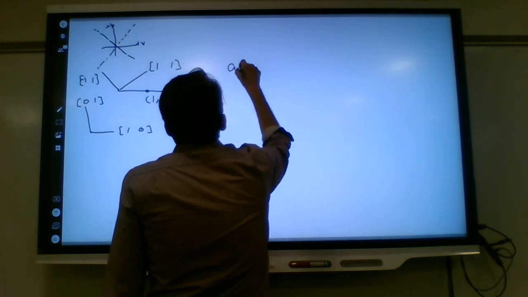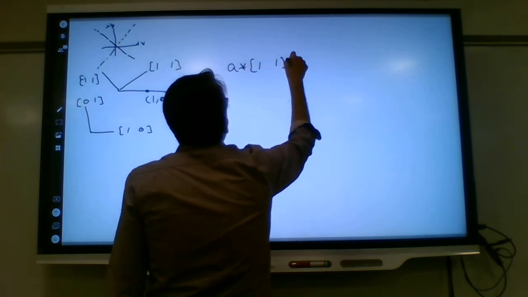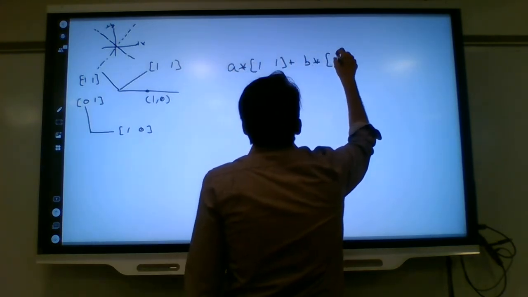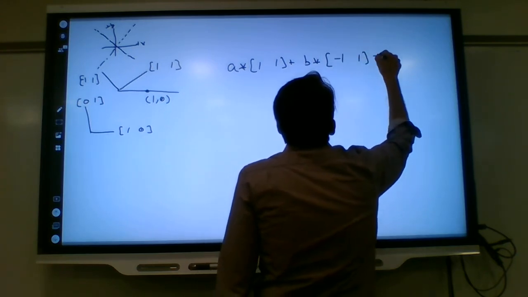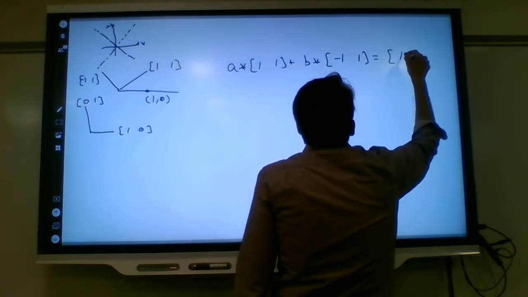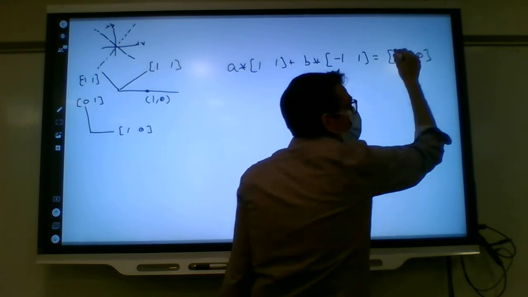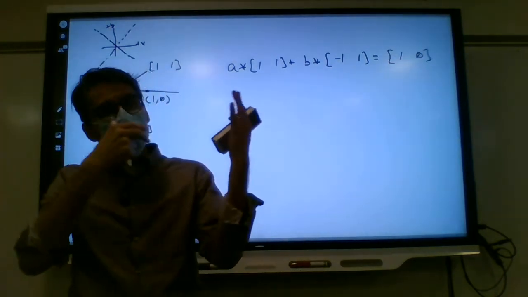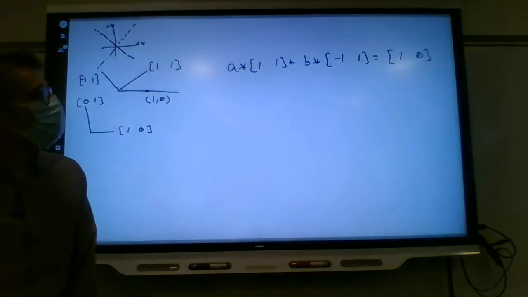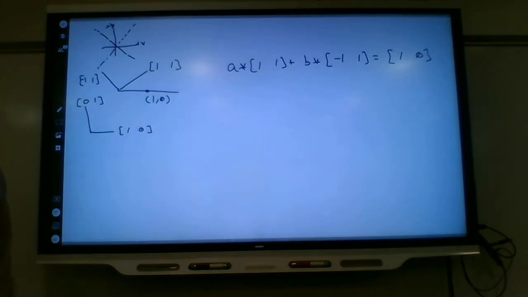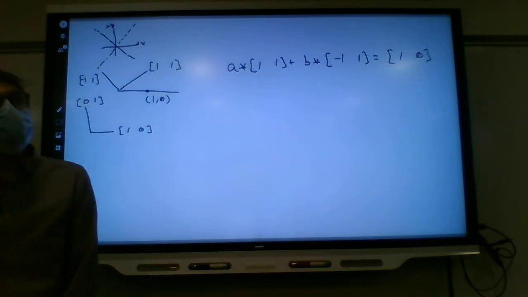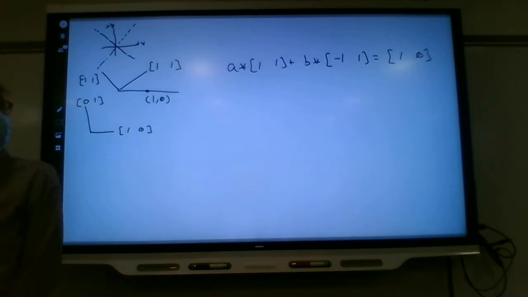We have A times 1, 1 plus B times negative 1, 1. And we want that to be the point 1, 0. So again, we want to create the point, so we have to create that vector to describe that. All right, are there choices? Can we put things in here for A and B that will give us the point 1, 0?